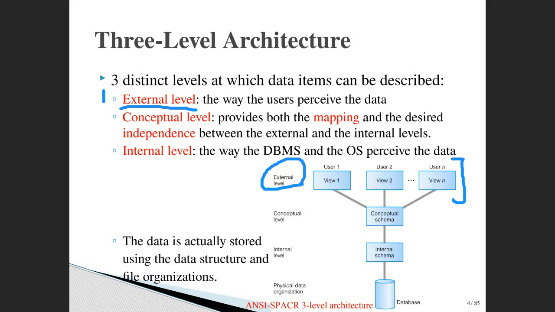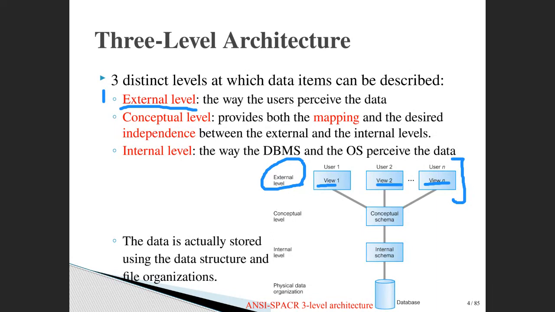Based on each user's requirements, there will be a specific view matching the user requirement. For example, user number 1 is going to have view number 1. User number 2 will have view number 2, and so on.